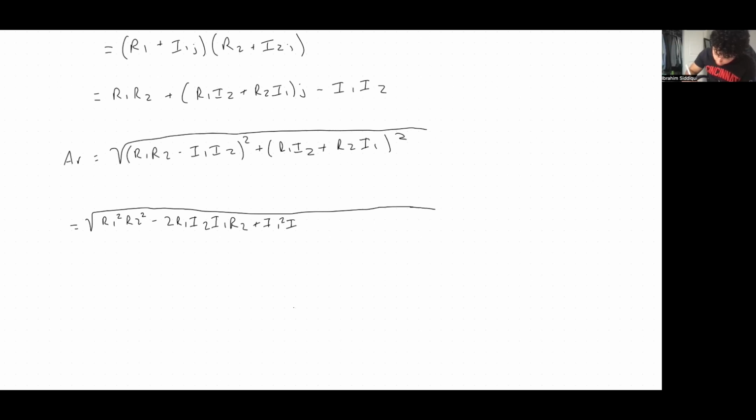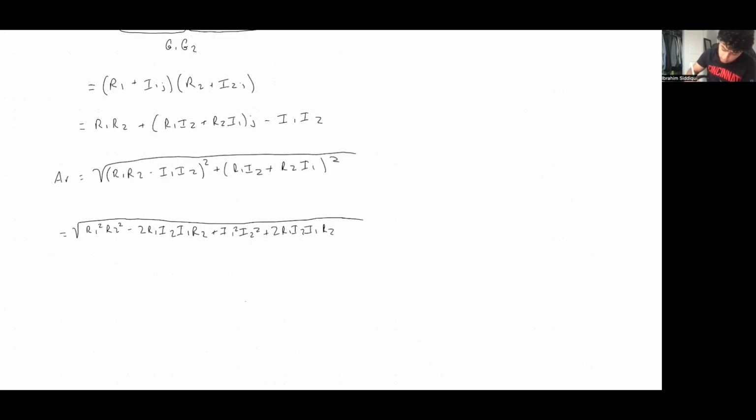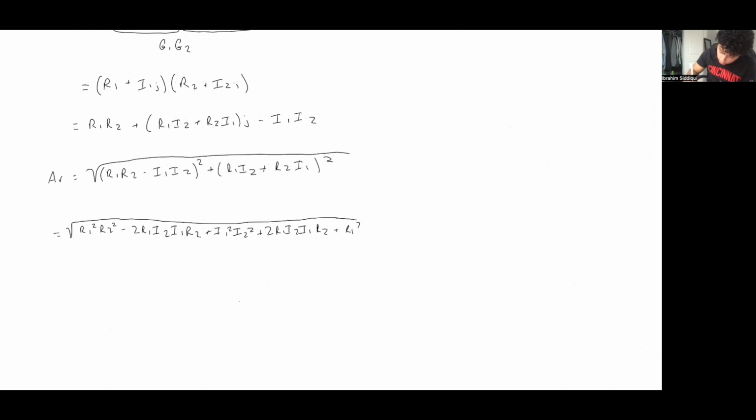Then we add the same kind of thing with the plus 2 R1 R2 I1 I2, and then we'll add R1 squared I2 squared.